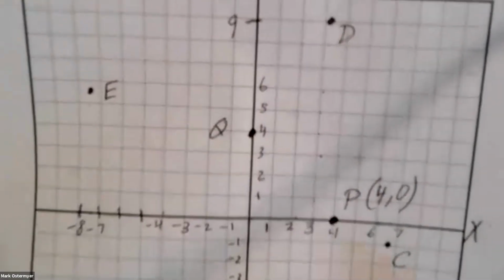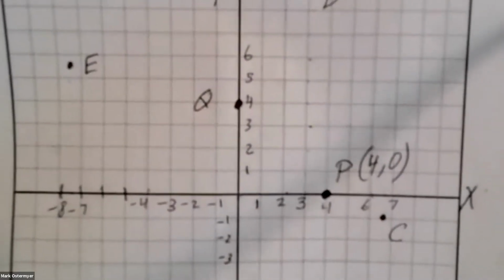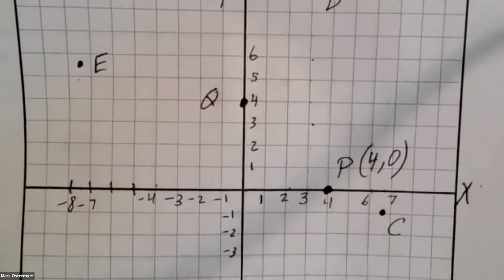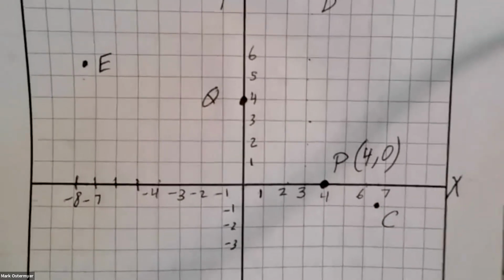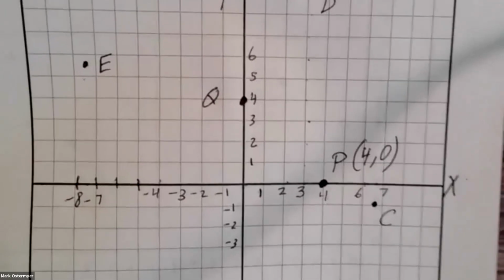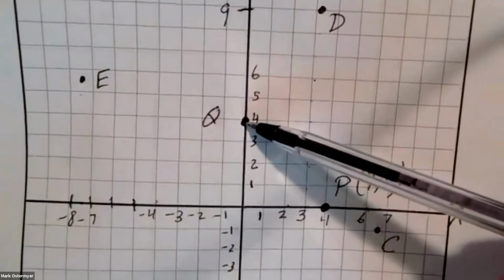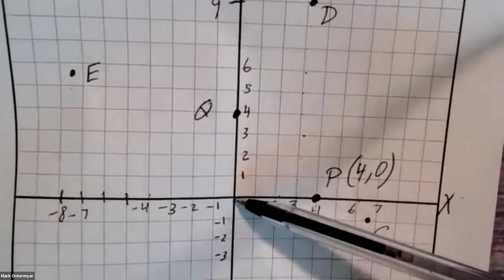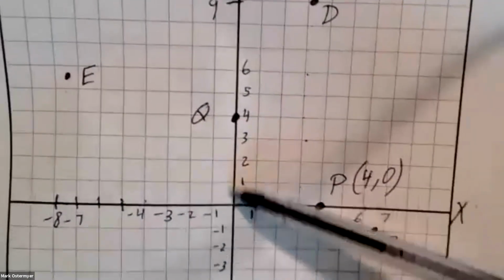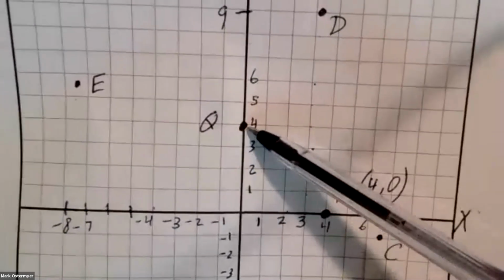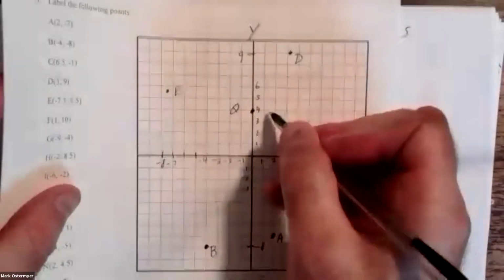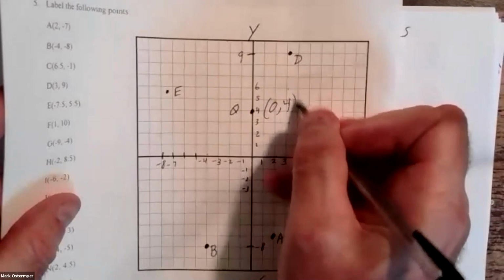Well, this is point Q here. It's 4. I'm sorry, I can see. So it looks like the x coordinate of point Q would be what? It projects down to the x-axis at what? It's 0. What's the y coordinate? It's sitting on the y-axis at 4. So Q would be the point 0, 4.